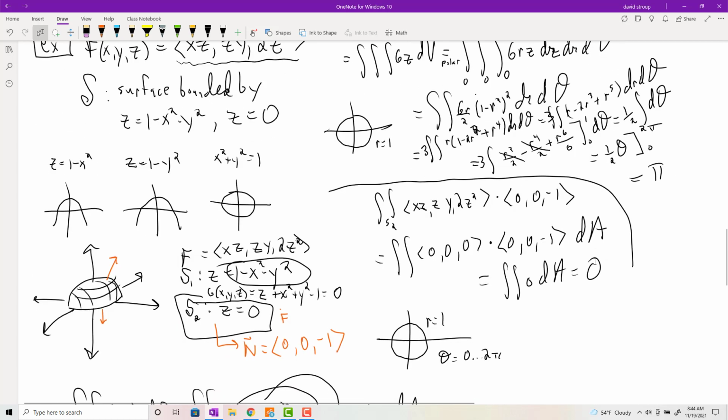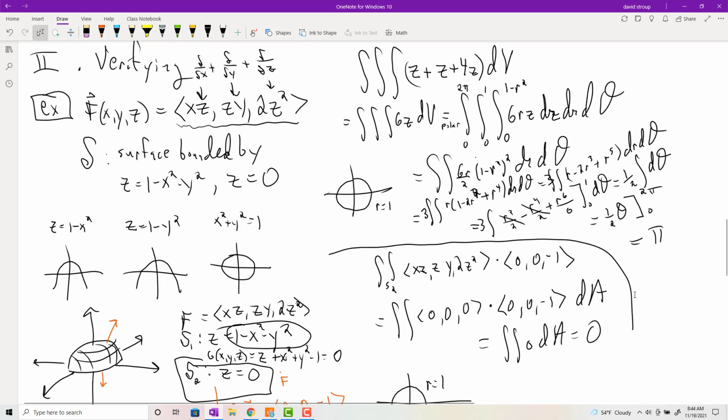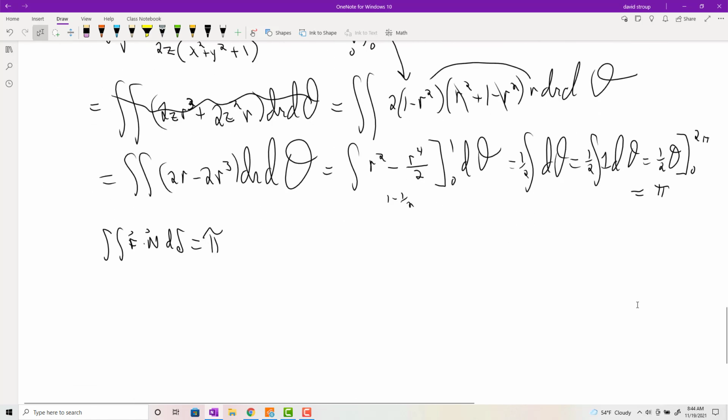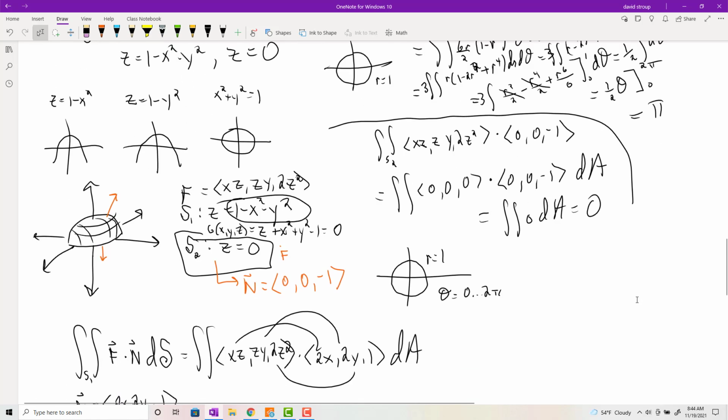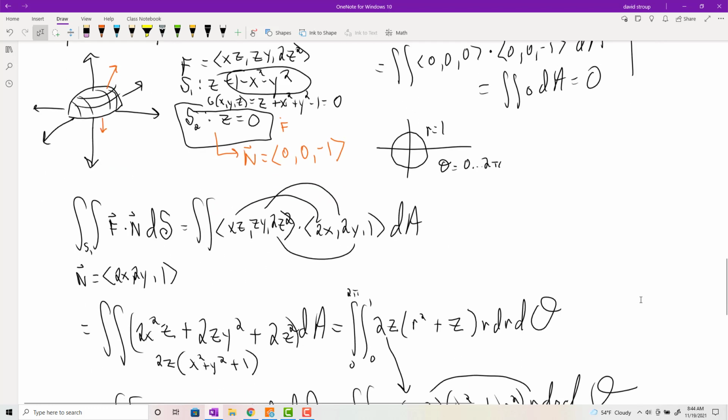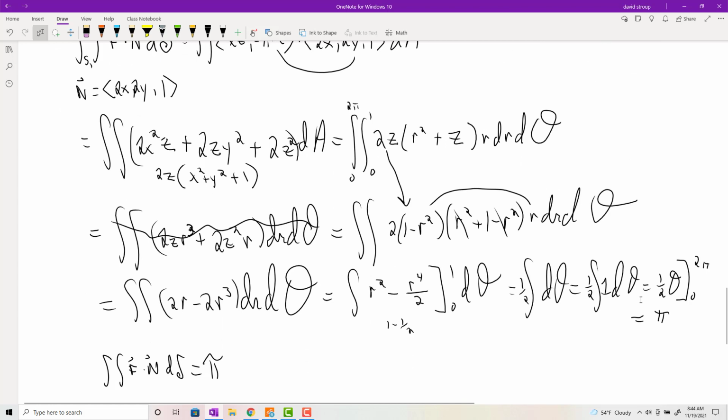To be honest, there have been times where they've given me one of these integrals and said to do it using the triple integral, and I thought, you know what, I'm just going to do the surface integrals. Sometimes the time it takes you to think through which one is better, you could have just picked one and been done with it and got your work out of the way.